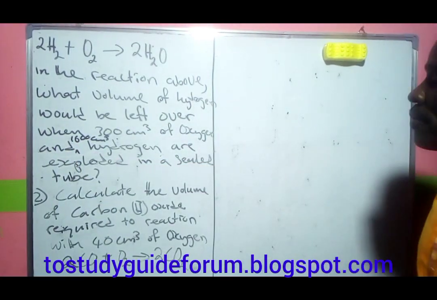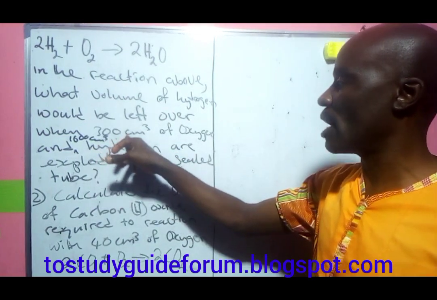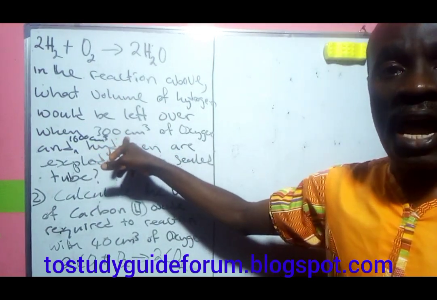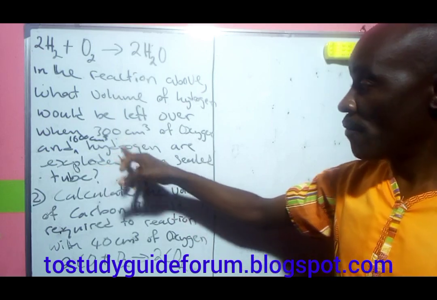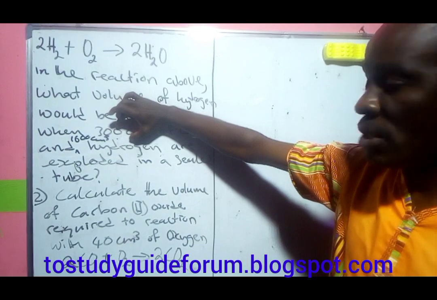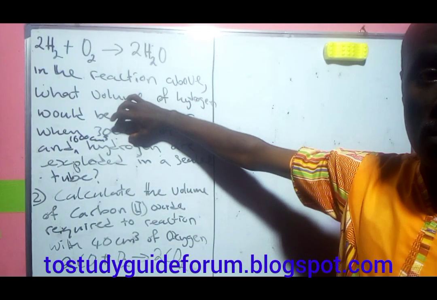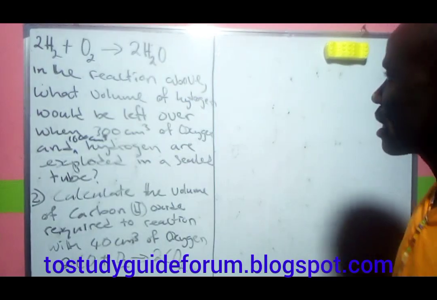Now the first thing we do here is to find out the actual volume of hydrogen that will react with this 300 cm³ of oxygen. That is what you need to find out from the chemical equation.